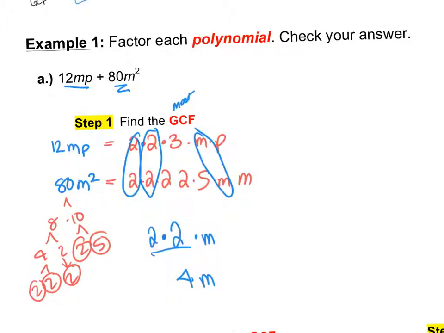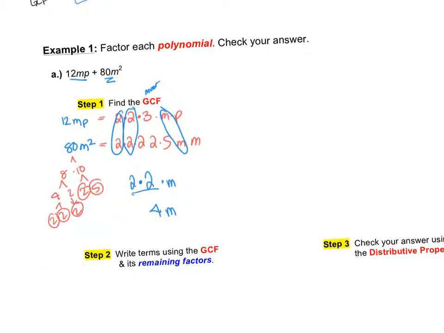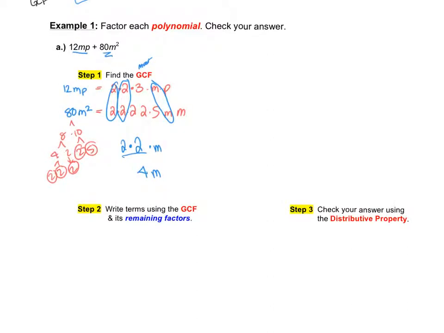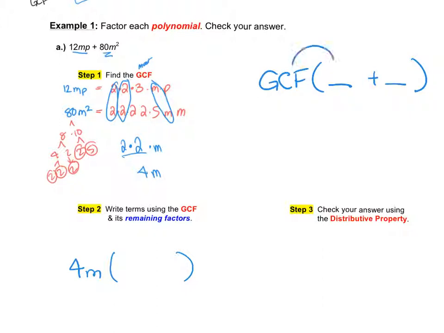Once you find the GCF, basically what you're asked to find is the remaining factors in the polynomial. So you know that the GCF is out in front. So basically it's GCF times something that happened in here, whether it's a binomial or a trinomial, depending on what you had. That's what you multiplied.